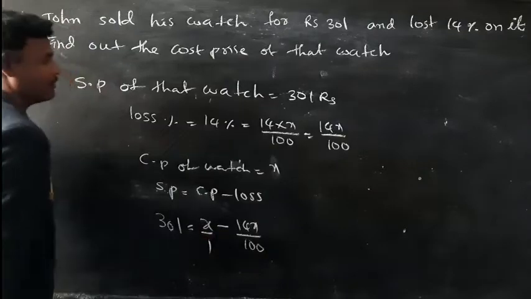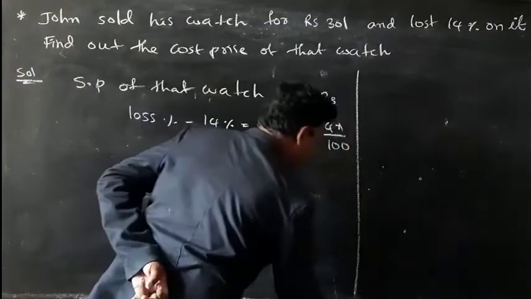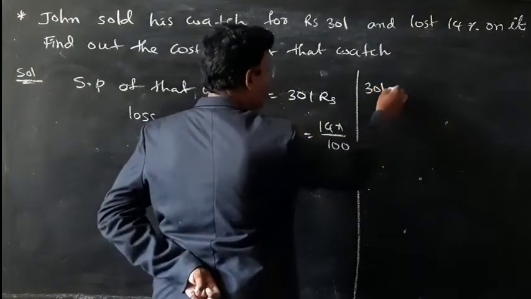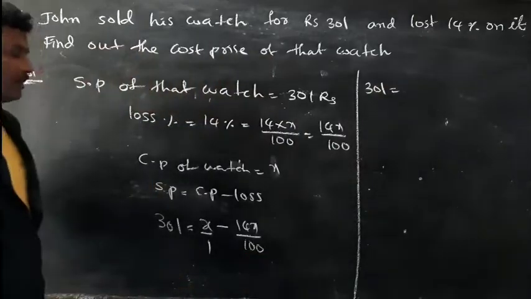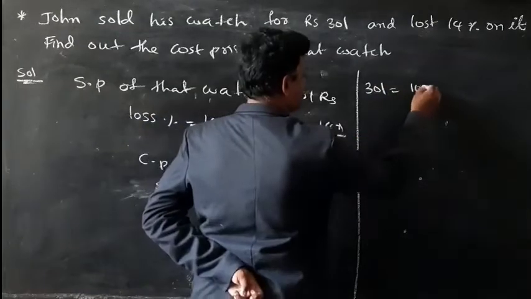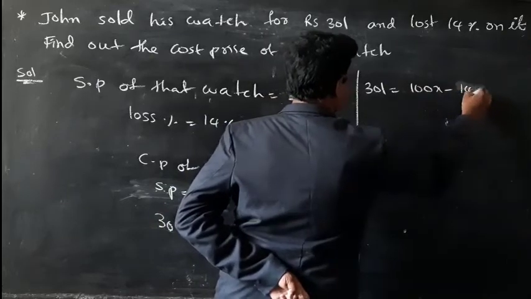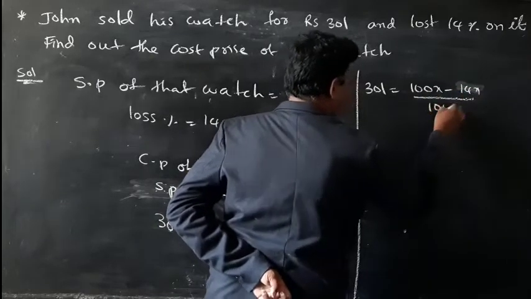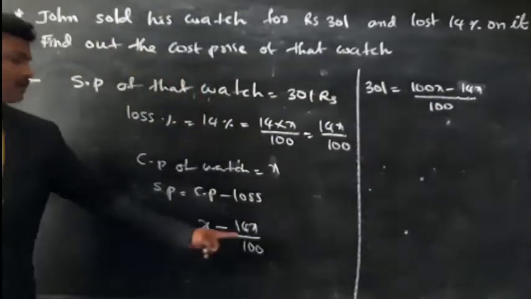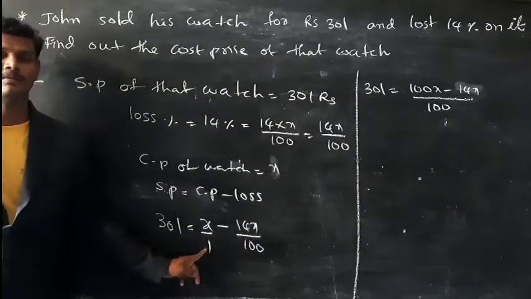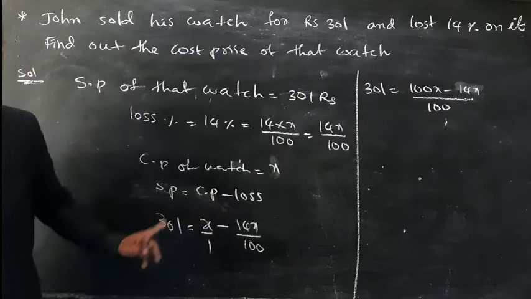Here I am taking the LCM. By taking the LCM, 301 is equal to 100x minus 14x by 100. 100 is the LCM.